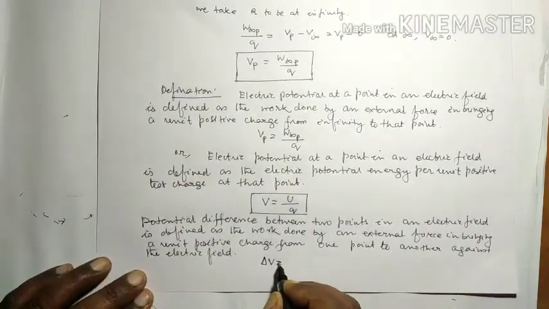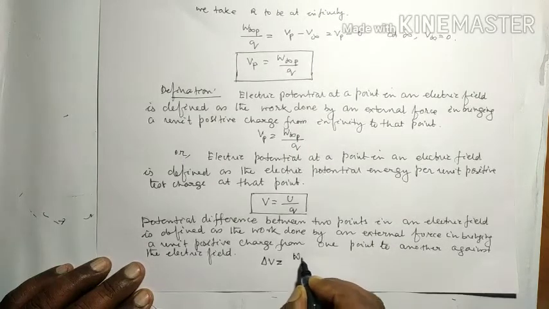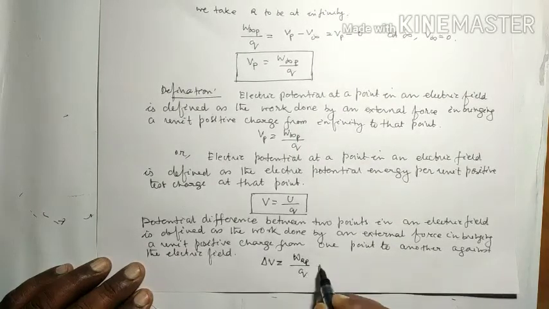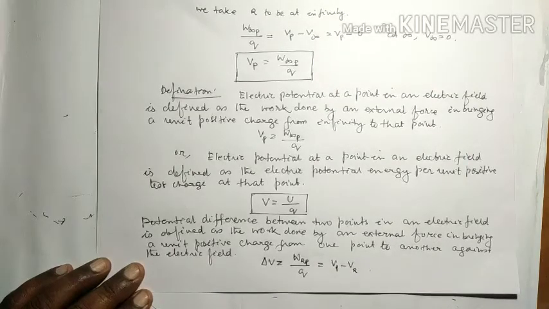Delta V is equal to W RP by Q, which is Vp minus Vr.